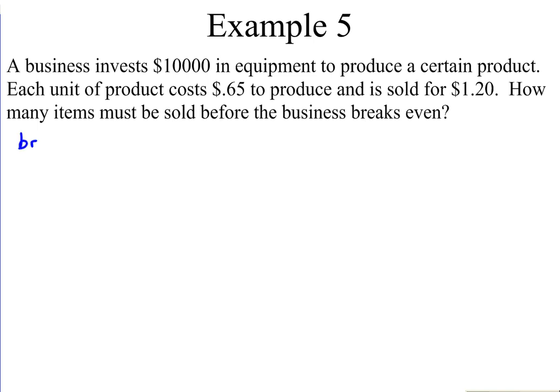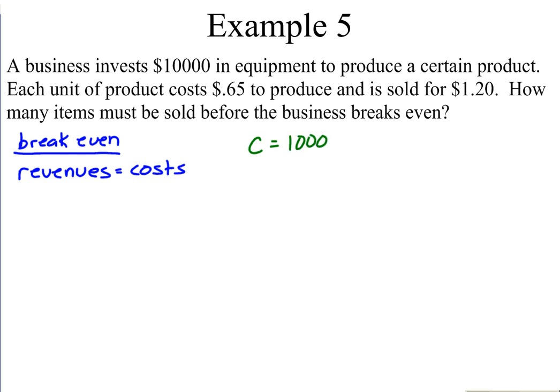Well, when we're talking about a business breaking even, the break-even point is always when revenues equal costs. So those are the two equations that we need to come up with here. How much does it cost to operate this business? Well, we need $10,000 right away to invest in equipment. And then it's going to cost another 65 cents for every single item I produce.